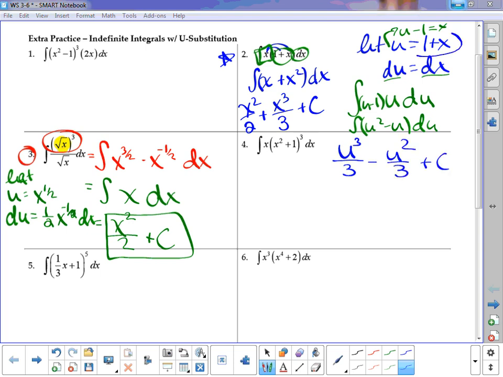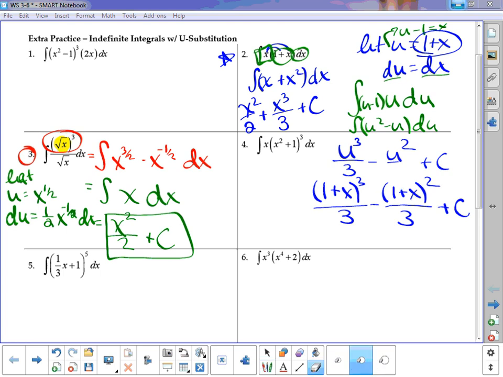And then we have to substitute this back in. So I have 1 plus x quantity cubed over 3 minus 1 plus x quantity squared over 2 plus c. And if we were to multiply this out and simplify it, we end up getting back up to here. It should, in the end, result in the same thing.